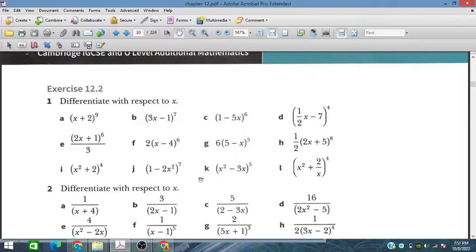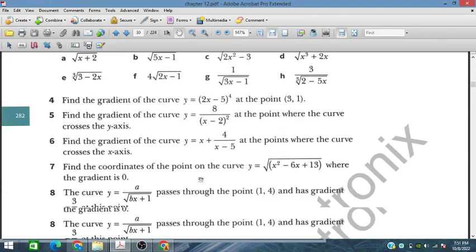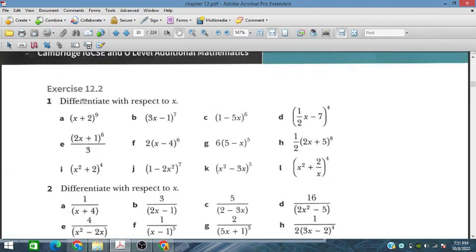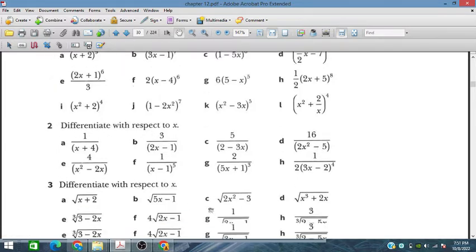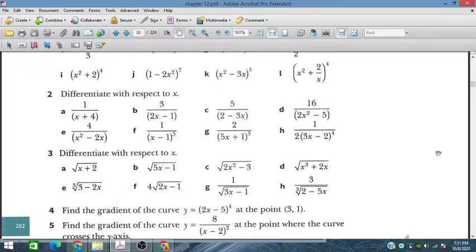So let's solve 12.2. There are a number of problems from A to L, where we differentiate with respect to x. Similarly for questions 2 and 3. So now let's start.